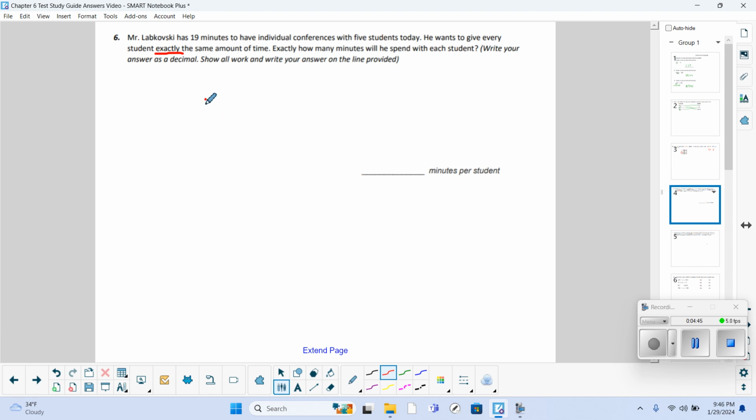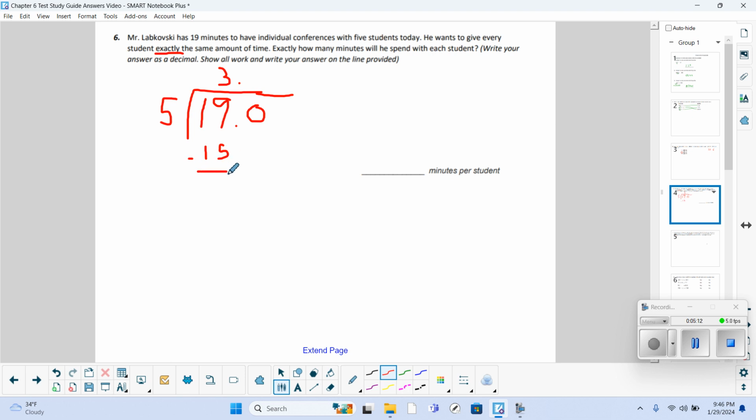Okay, well, I have 19 minutes, and I need to divide that into exactly 5 equally sized parts. I'm definitely going to have something beyond the decimal point, so let's see what that is. 5 goes into 19 three times. 3 times 5 is 15.